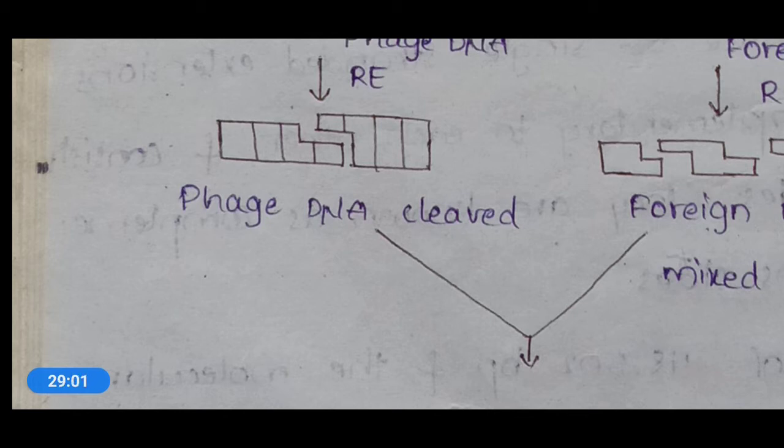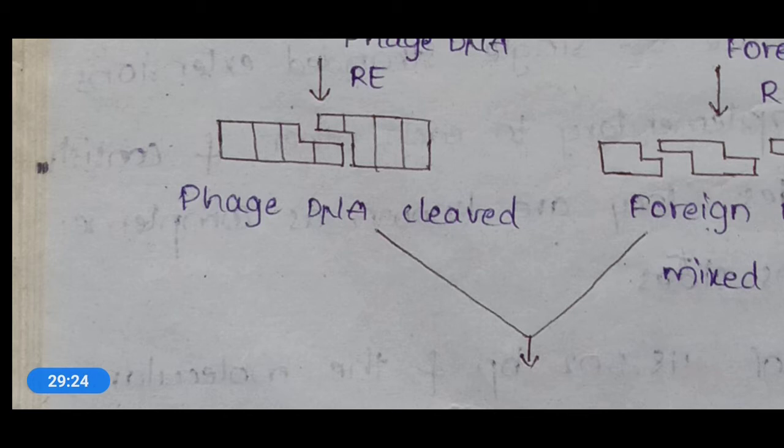There will be no base pairing, that's why this is single stranded. So this is the phage DNA after cleaving, and we call these particular cohesive ends complementary sites or cos sites.